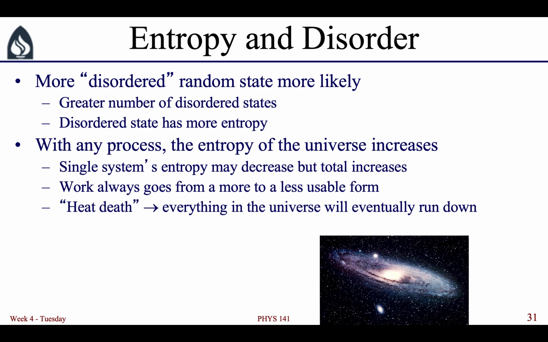So work always goes from a more usable to a less usable form, as heat carries the energy away and distributes it among different particles. And this has led to a concept that scientists term heat death, which says, according to physics, that with every process the entropy of the universe increases, and eventually everything in the universe will run down.